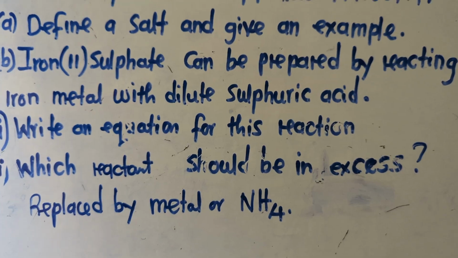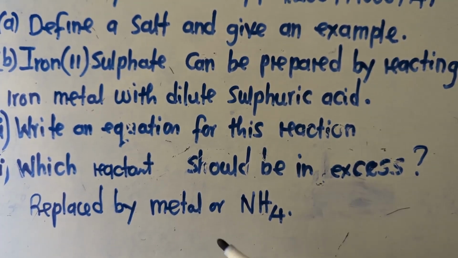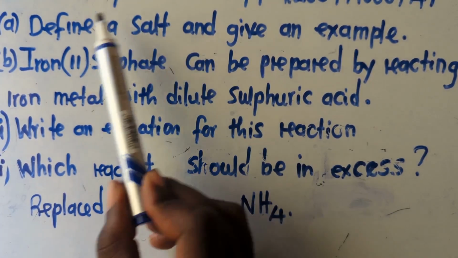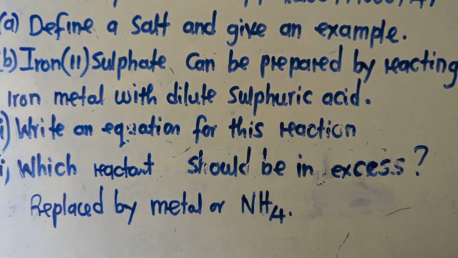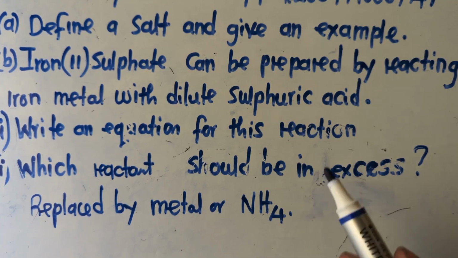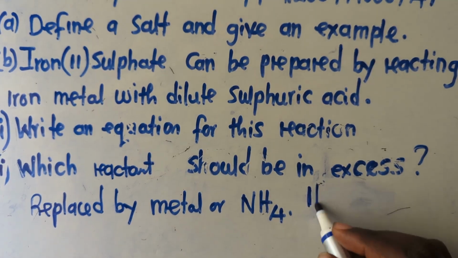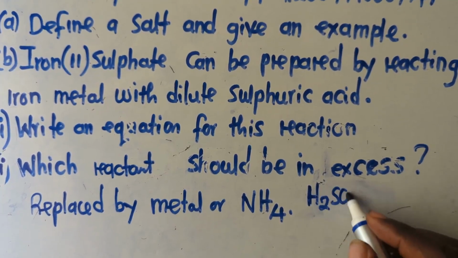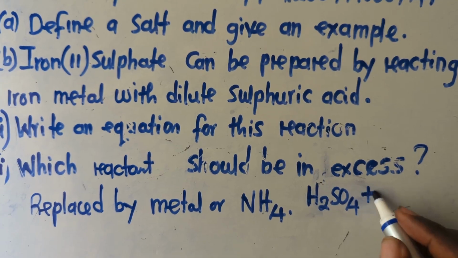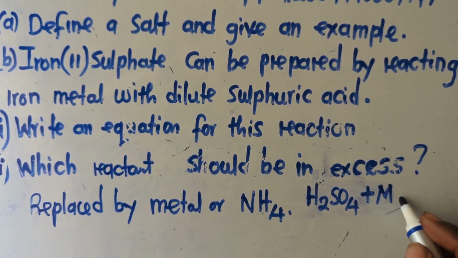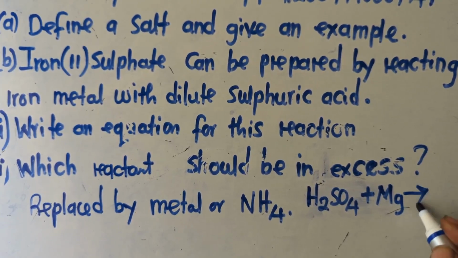So each time we are talking about a salt, we are talking about a compound formed when the hydrogen ion of an acid is fully or partially replaced by a metal or ammonium. So now we are talking about the hydrogen ion of an acid. You discover that when you get an acid, for example sulfuric acid, and you react it with a metal, let's say magnesium, you are going to form a salt.